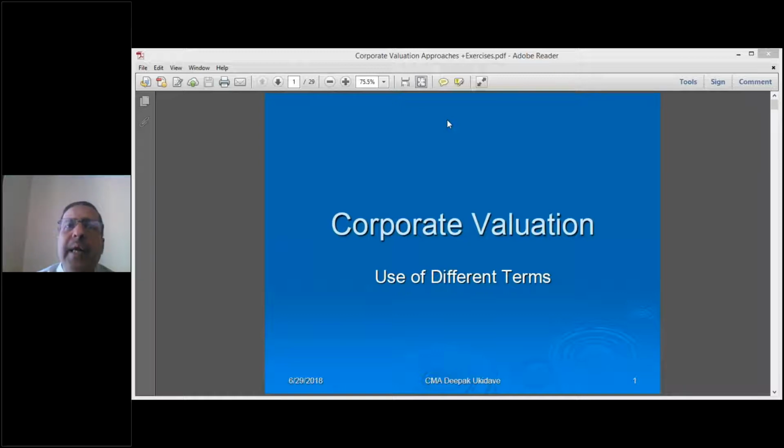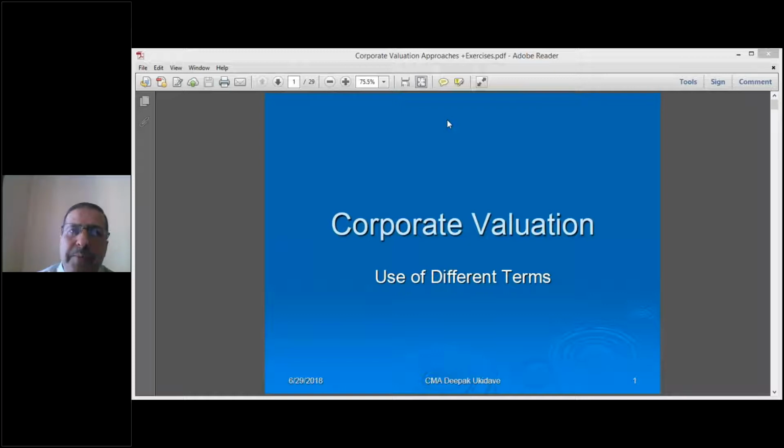Any non-recurring income, windfall gain in the earlier years, will have to be deducted from the past profit to get future profit. So we estimate the future earnings, and that we capitalize at the cost of capital and we get the value of the firm. This is the earning capitalization approach.